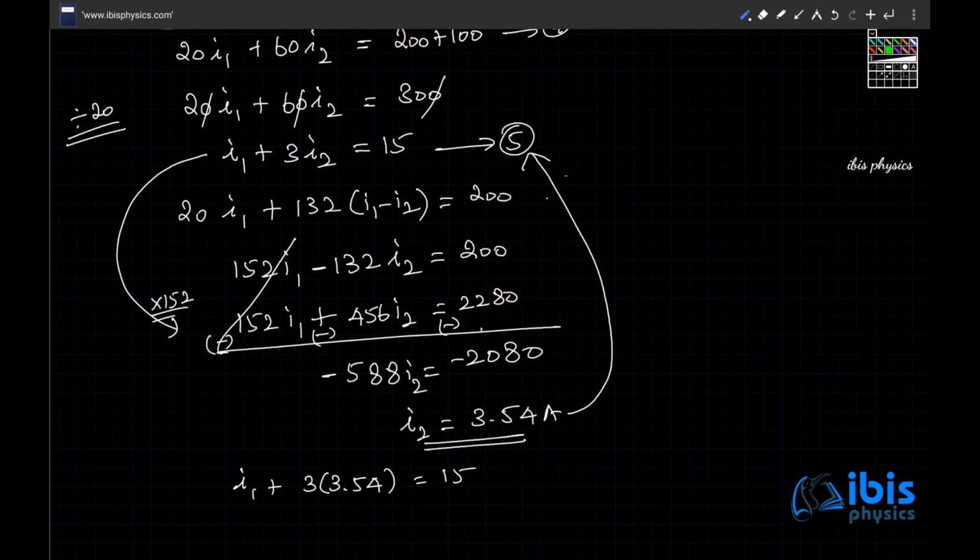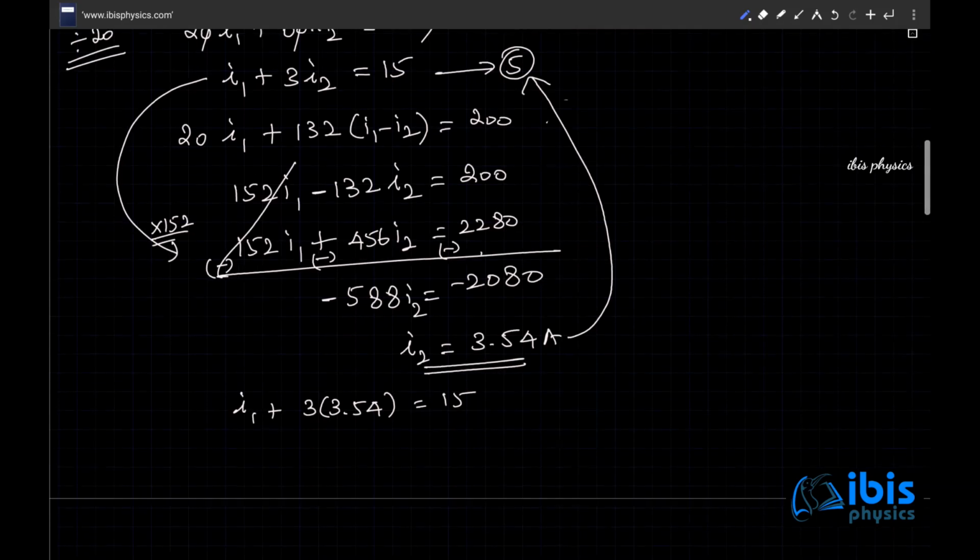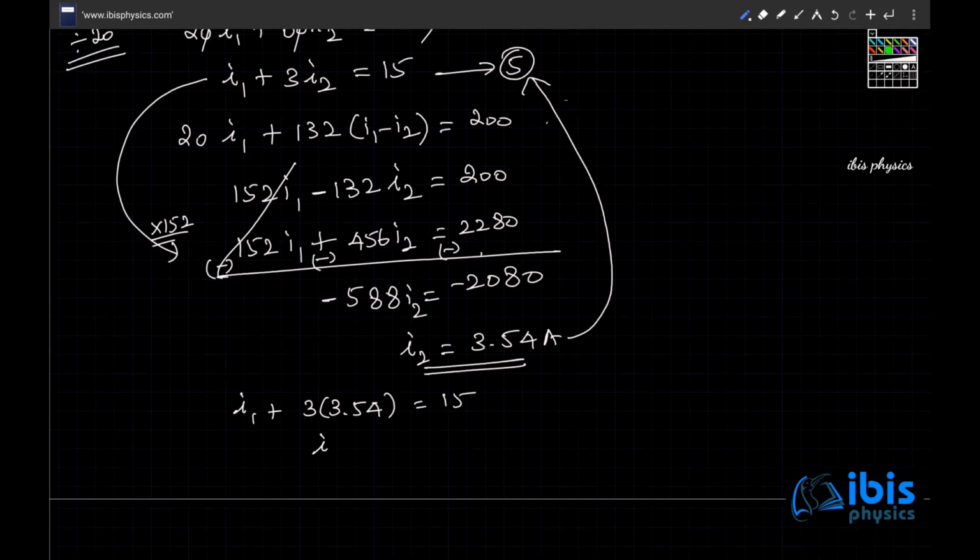So 3 times 3.54 is 10.62. So I1 equal to 15 minus 10.62, you will be getting 4.38 approximately. So I1 and I2 are found out.